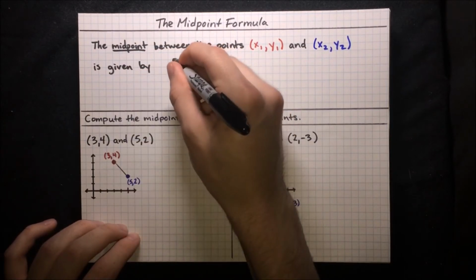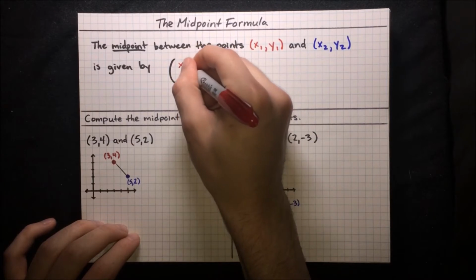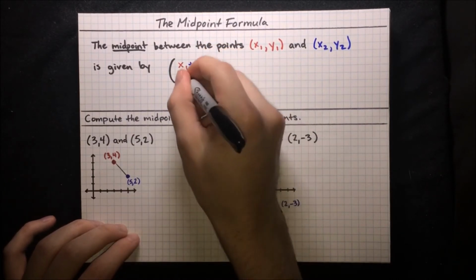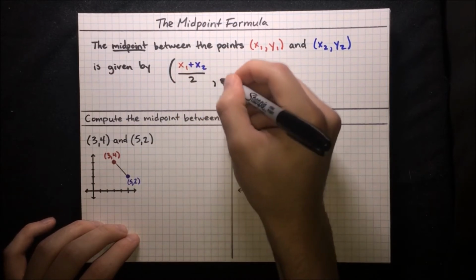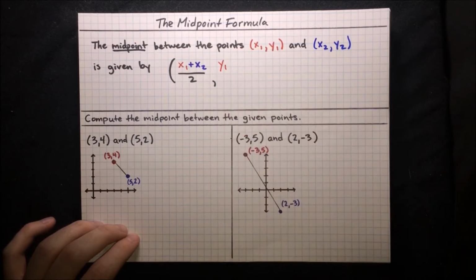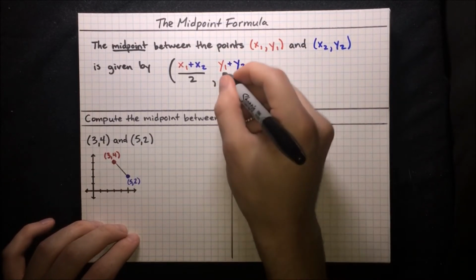So for the first coordinate of the midpoint, we add both of the x coordinates and then divide by 2. And for the second coordinate, we do the same thing but with the y coordinates. So (y1 + y2)/2.